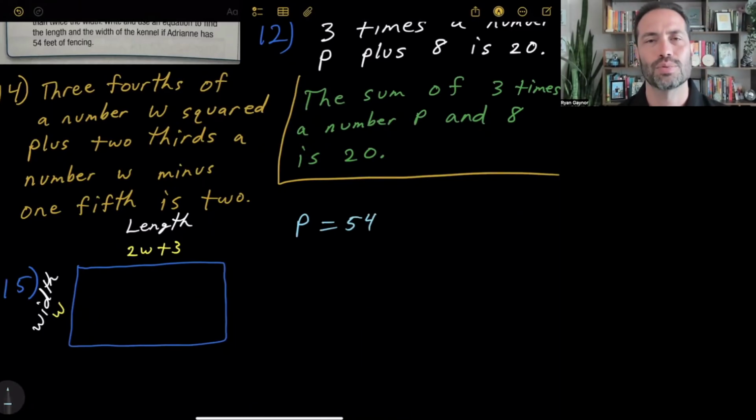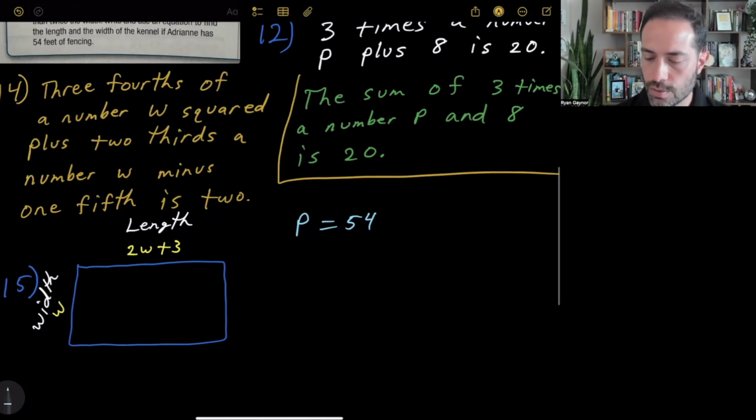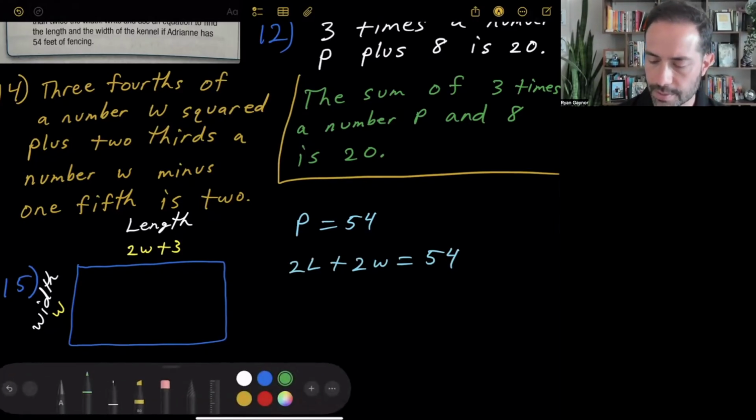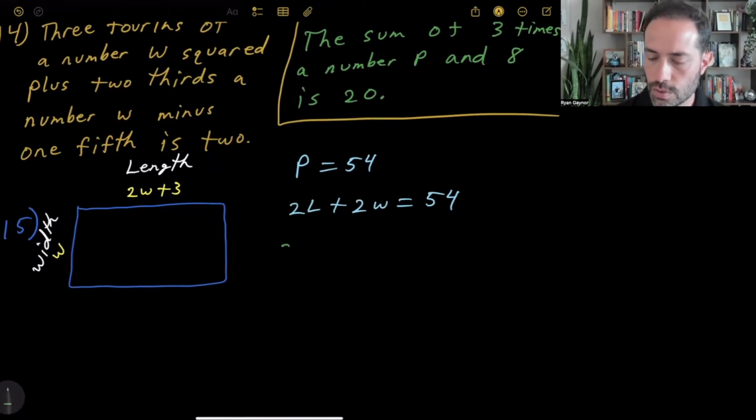Okay, well, how do we find perimeter? Well, we add the sides together. So the 2 lengths and the 2 widths. So I have 2 lengths plus 2 of the widths, and that will be equal to the perimeter, which is 54. All right, so let's plug everything in. I have 2 lengths.